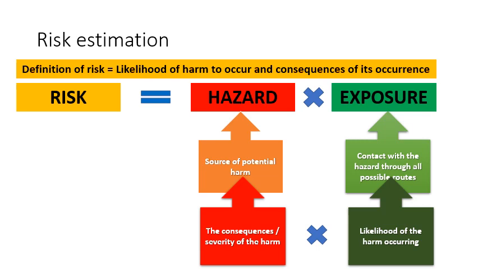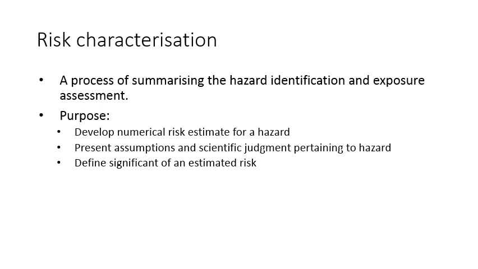In mathematical form, we can summarize the hazard identification and exposure assessment by multiplying the rating value of a hazard by its exposure to give us a numerical value which carries an indication of the severity of a hazard. We call this risk characterization. The purpose of risk characterization is to make assumptions and scientific judgment pertaining to a hazard, and to define significance of an estimated risk.